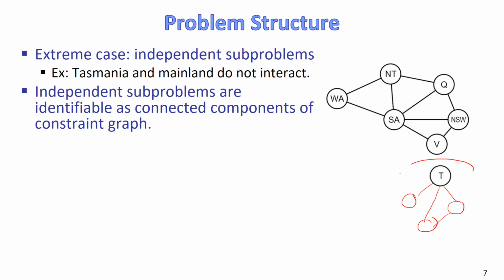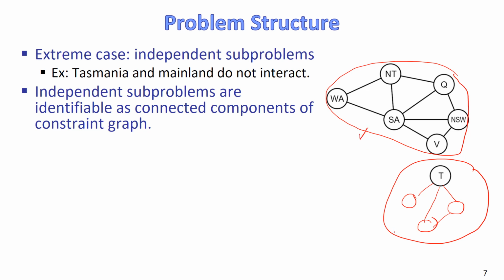So this subgraph is completely independent from that one. That means that I can solve this one completely separately from solving that one, because there are no constraints between these variables and these variables.